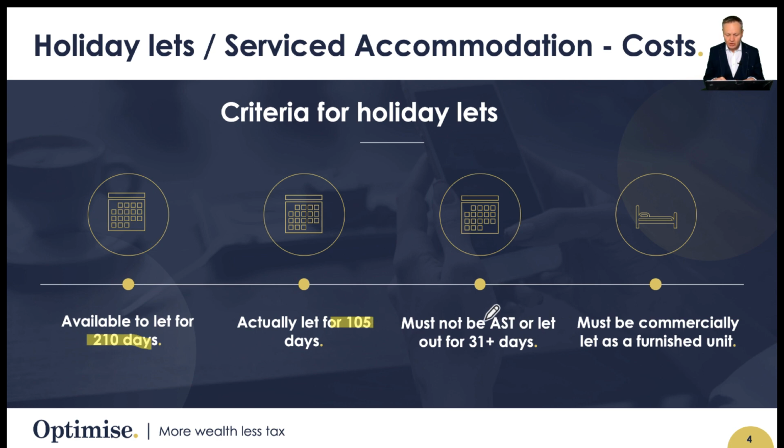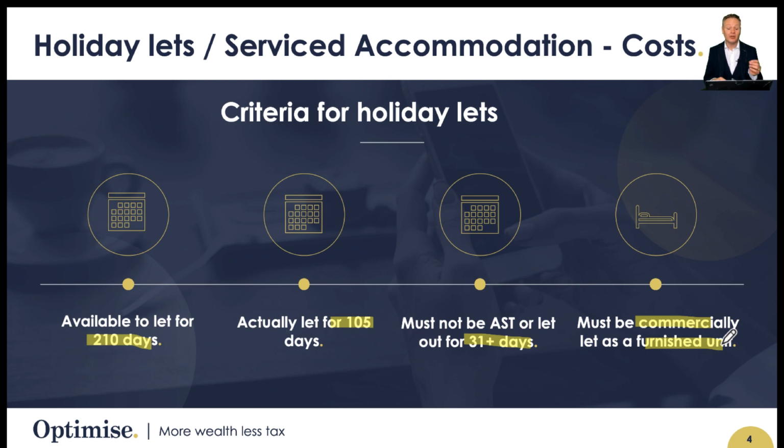It must not exceed 31 days for the average let. Now there are certain circumstances where it can breach that number, but honestly, keep it simple. Do not go above those days. And it must be commercially let and furnished. So as long as you keep to this criteria, your property will be considered to be a holiday let.